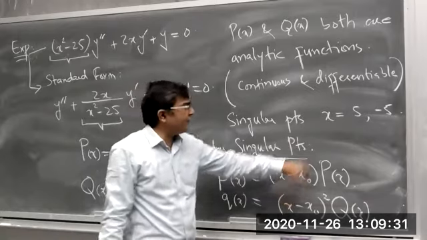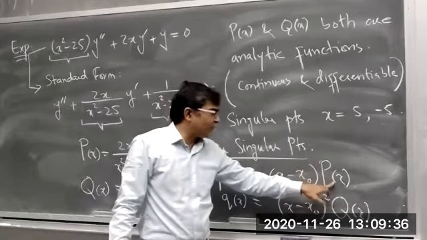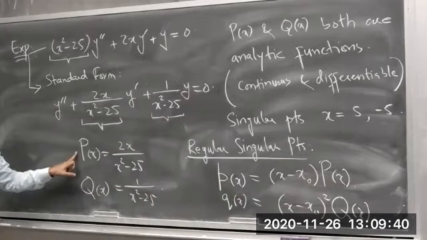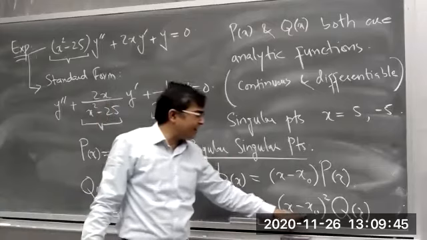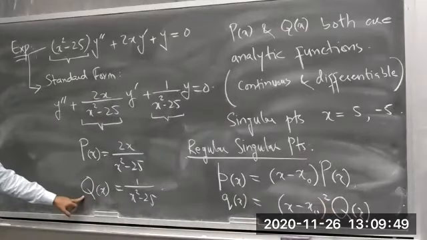Now if we consider 5 here, then x minus 5 into P of x. What is this capital P of x? This capital P of x is defined here. Okay. And small q of x is new function, which is x minus x naught whole square into capital Q of x. Capital Q of x is defined here.